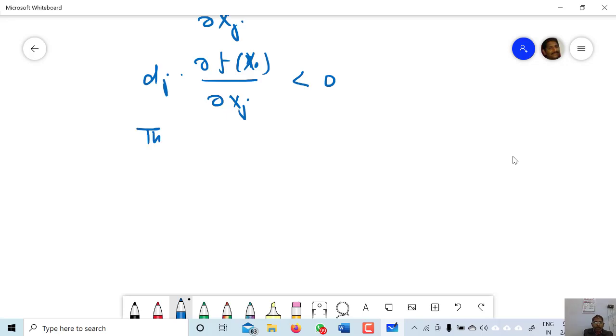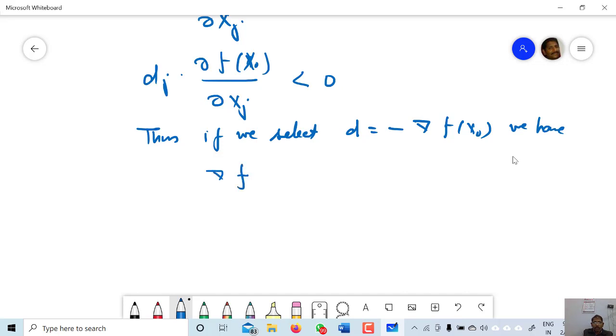Thus, if we select d equal to minus gradient of f x0, we have gradient of f x0 transpose multiplied by this d.